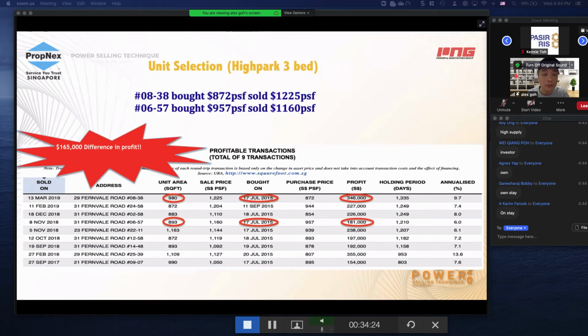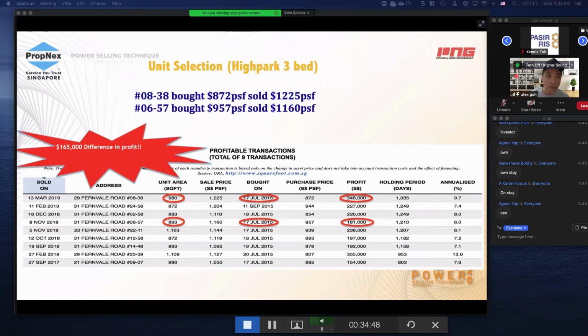The old 980 square feet unit, hard to sell because their emotions are there. Their family won't want to sell. They themselves might not want to sell because they are buying with the mentality, I want to move in. Finally I take keys, make money, sell or not sell? I might not sell, because my intention going in is really for own stay. So there is not much of the 980 square feet in the market.